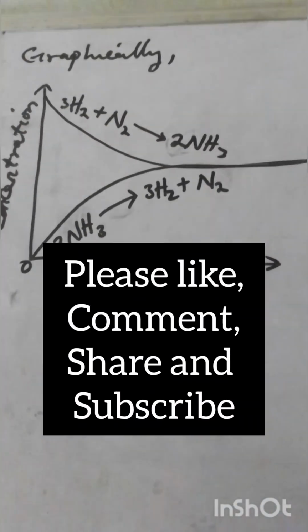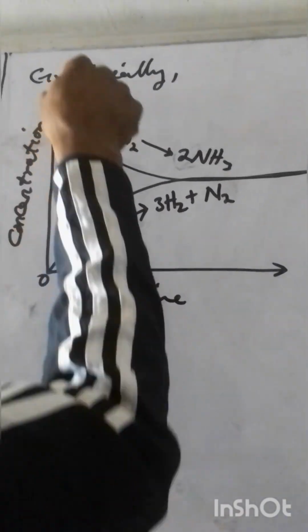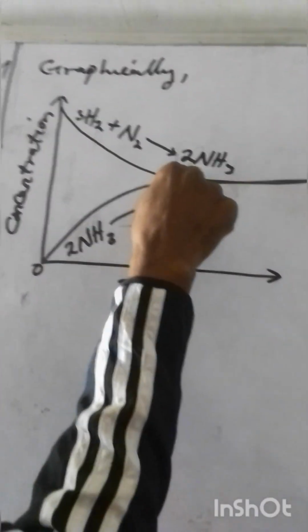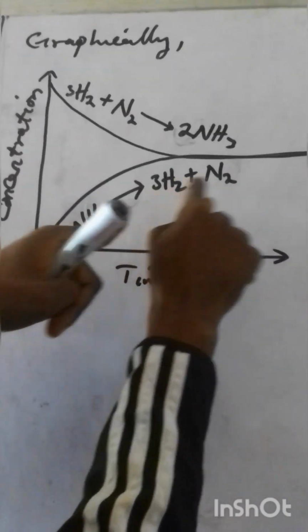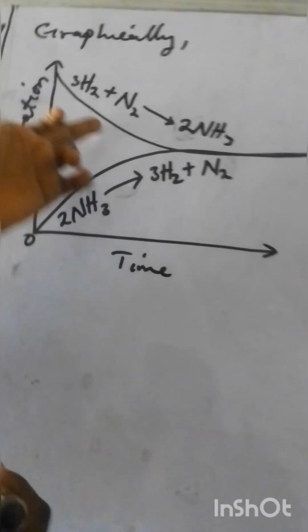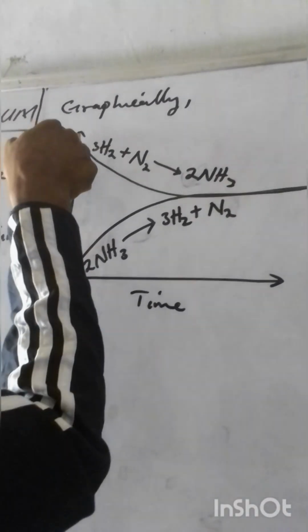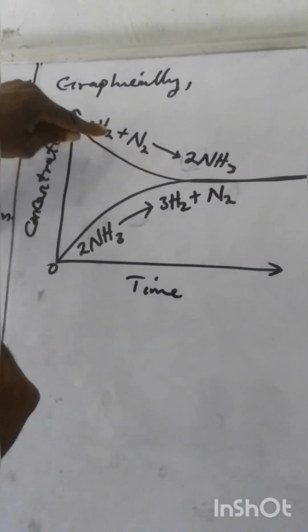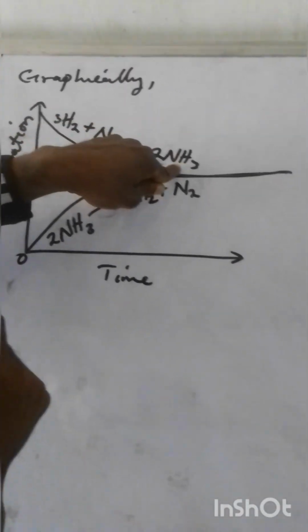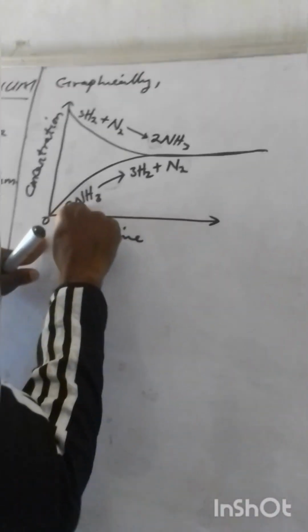What this graph shows is that we have two reactions: the reaction that produces the product ammonia and the reaction that produces back the reactants, hydrogen and nitrogen. So in these two graphs on this plane, this graph shows the forward reaction where hydrogen and nitrogen combine to form ammonia. And this one shows the backward reaction where ammonia reacts to form hydrogen and nitrogen back.